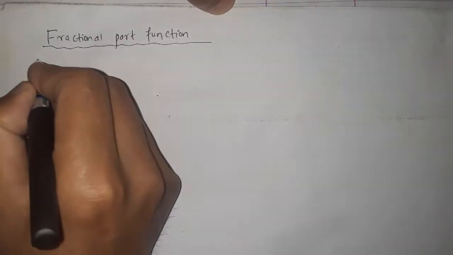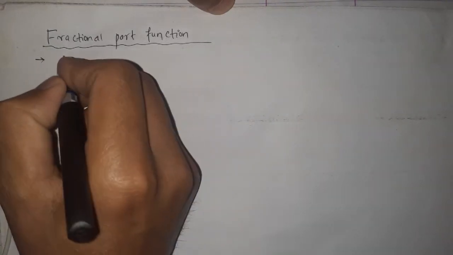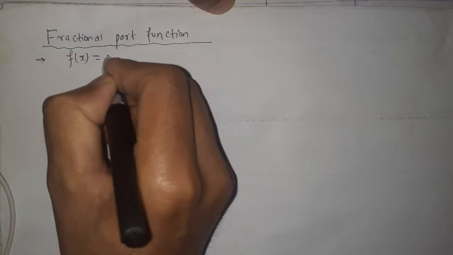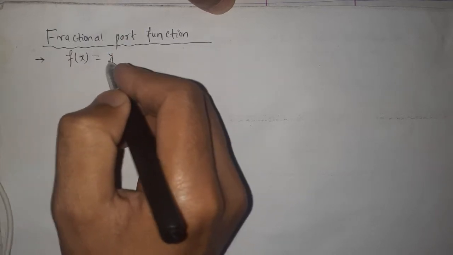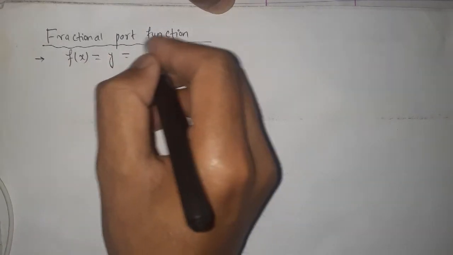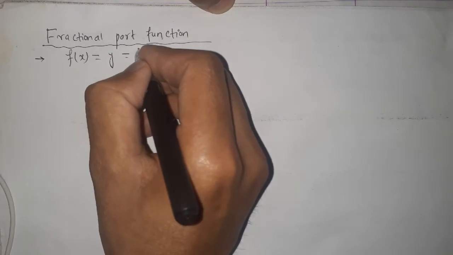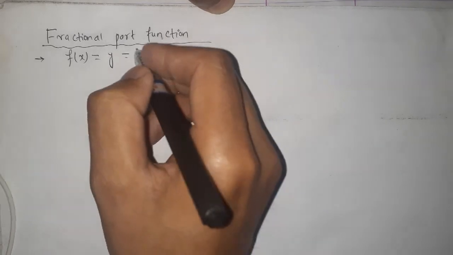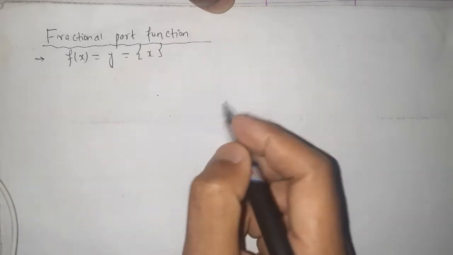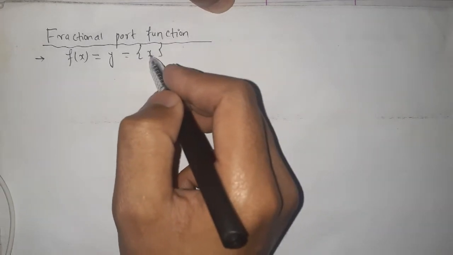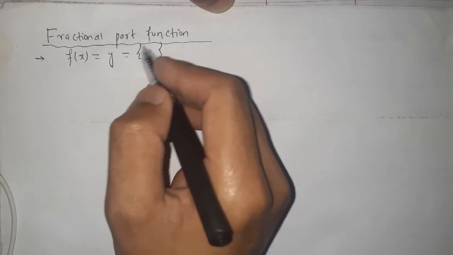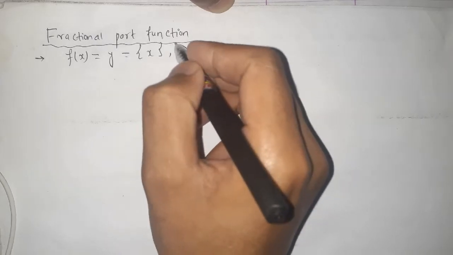Let us suppose a function of x, f of x. It can also be written as y. The fractional part function is denoted by x inside curly brackets. If we write the input inside the curly brackets, then it is called the fractional part function of x.